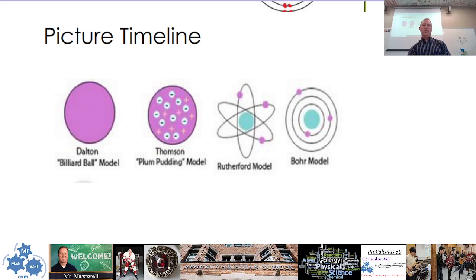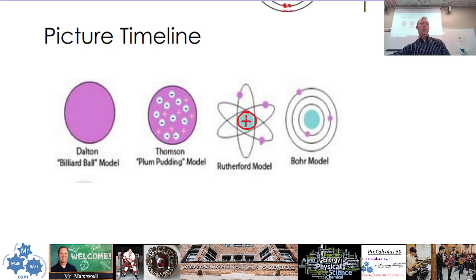Then Rutherford came along and said all that positive mush is not evenly spread throughout the atom. It must be centered in the middle there. So this is the positive part. Actually, I'll use red. This is the positive region of the atom called the nucleus. And the electrons are somewhere around there.